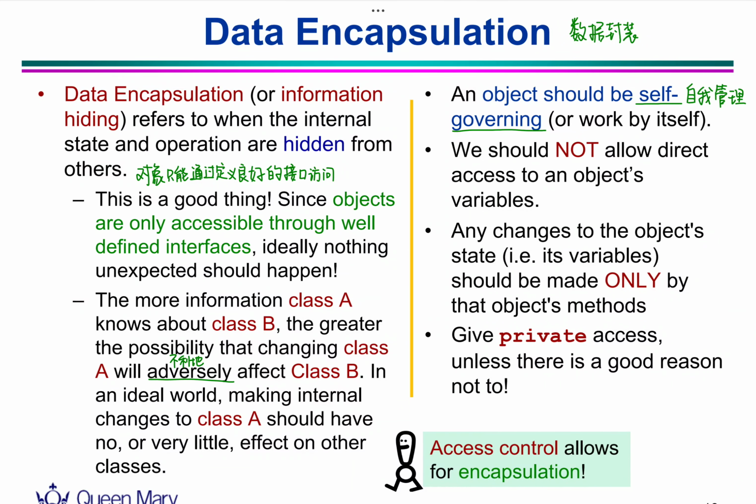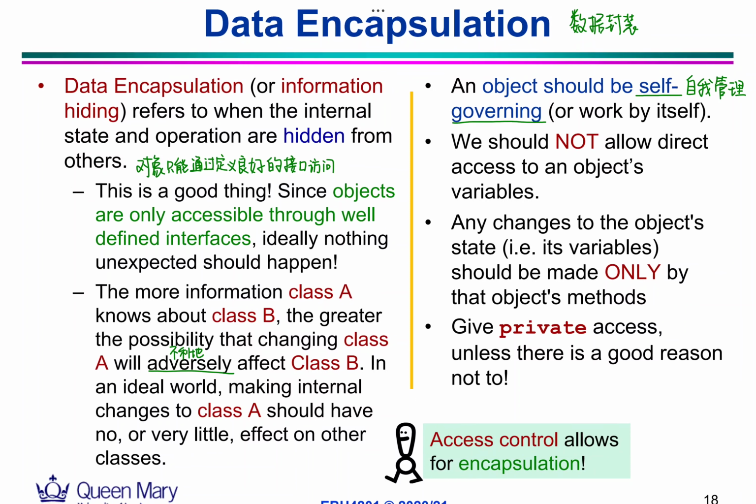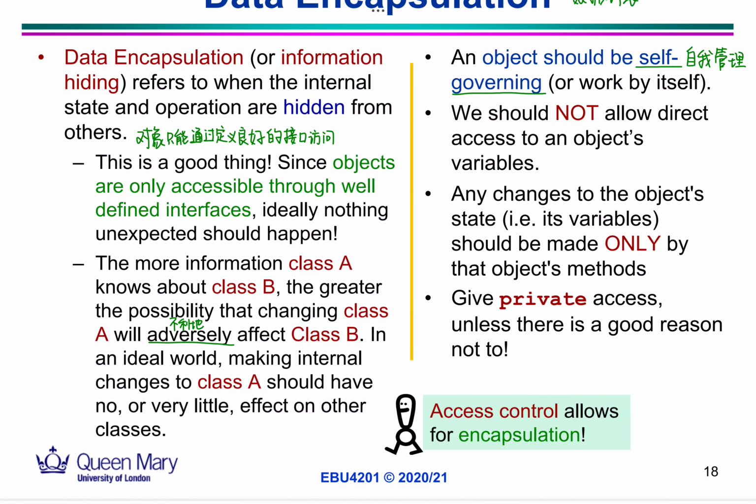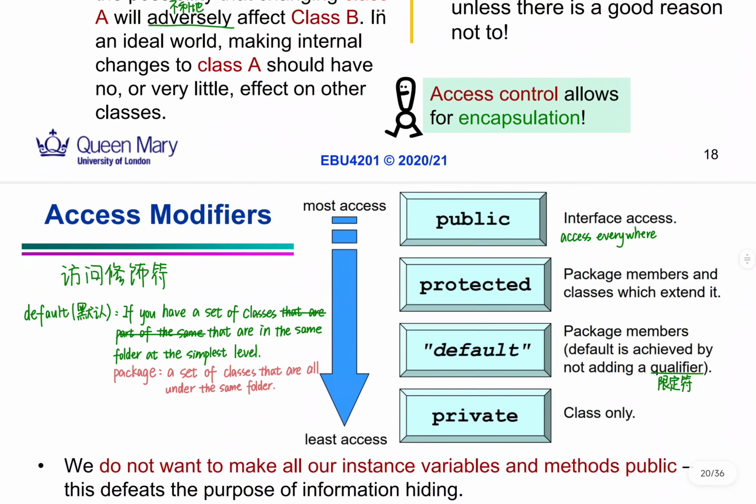So we should self-govern and encapsulate from each other. So give private access unless there's a good reason not to. Any changes to the object state should be made only by that object's methods.